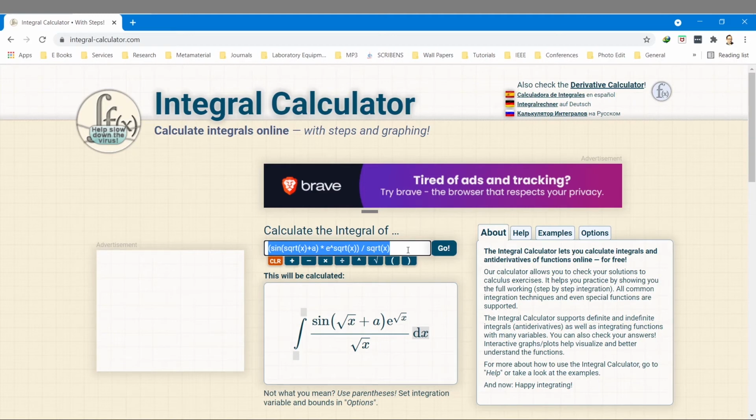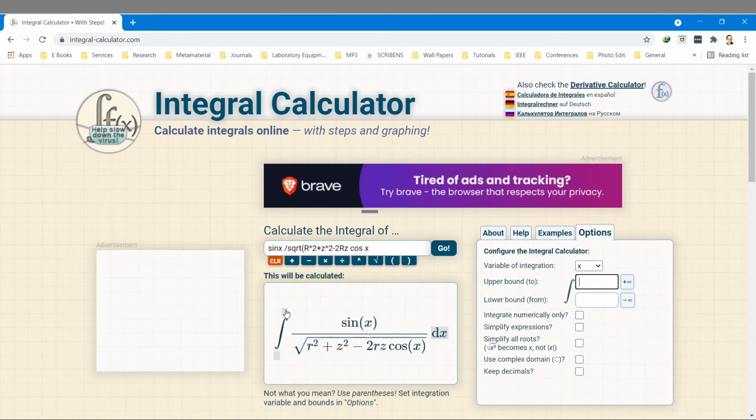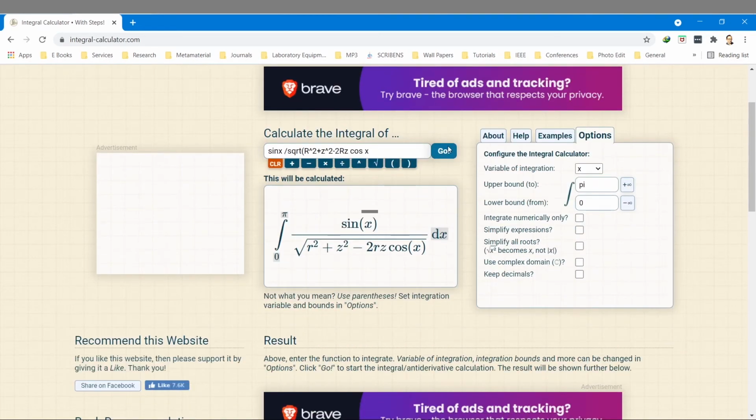There we can supply the integration equation in this field, set the limit of integration, and press this button Go.